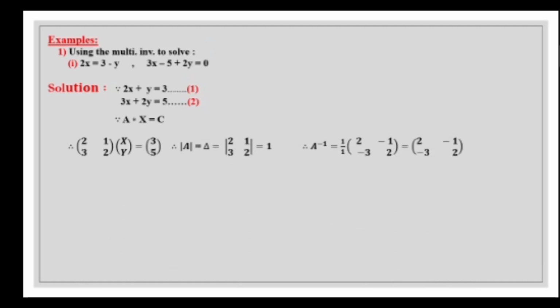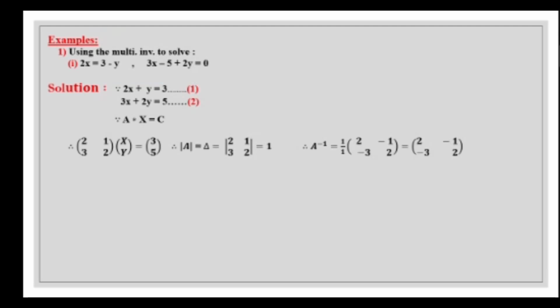Therefore, the matrix 2, 1 and 3, 2 multiplied by matrix X and Y equals matrix 3 and 5.